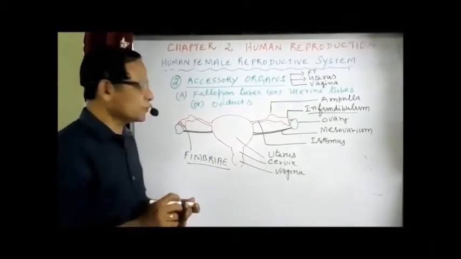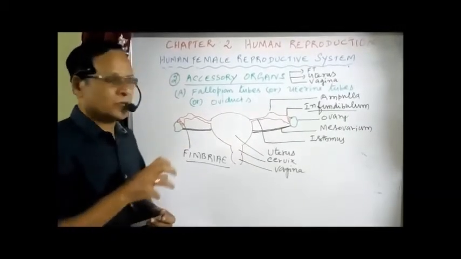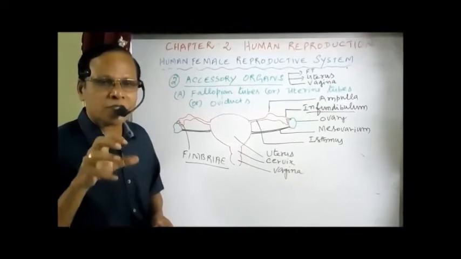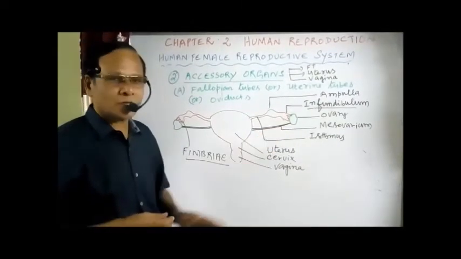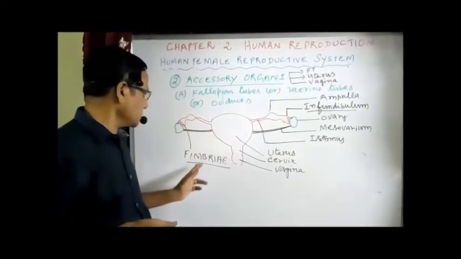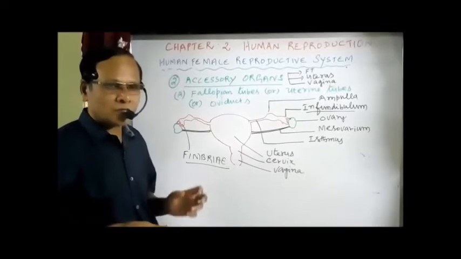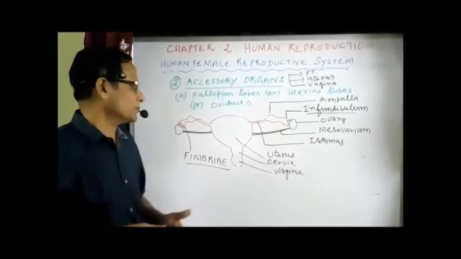What is the role of these fimbriae? They are in close association with the ovary, and are responsible for collecting the ovum or egg after ovulation.